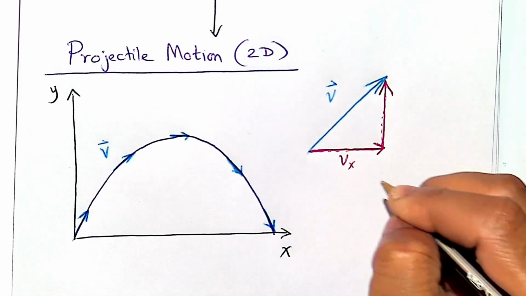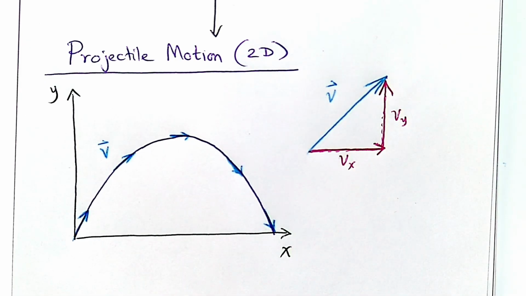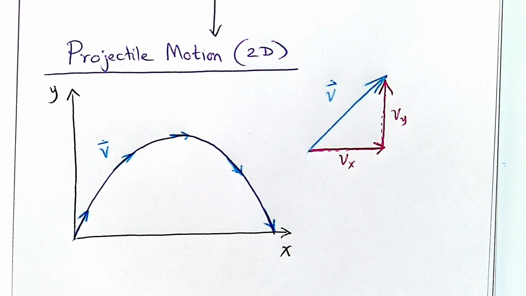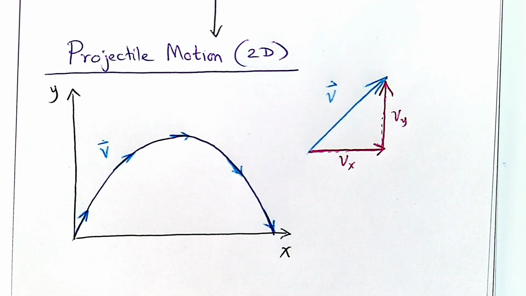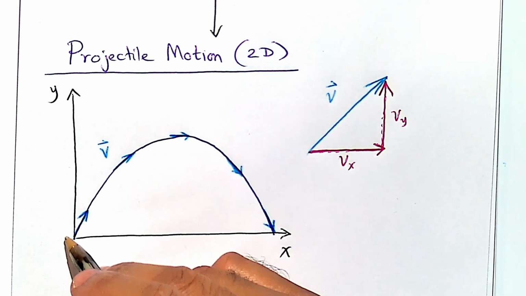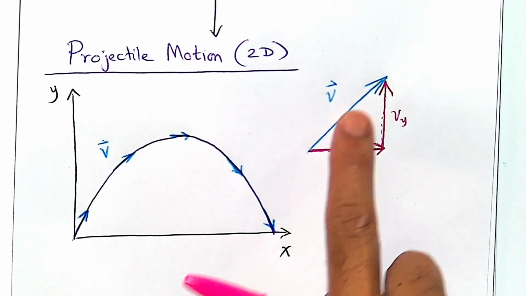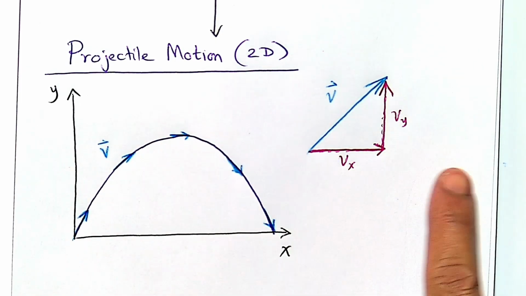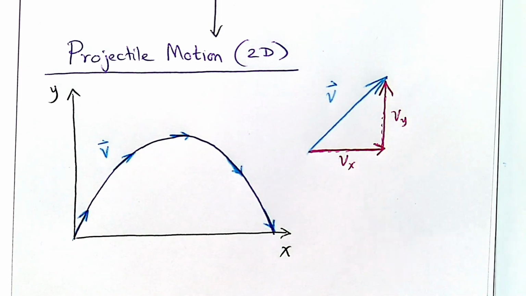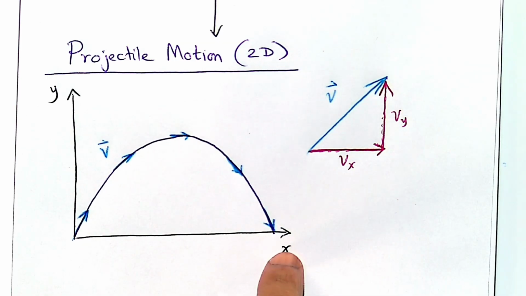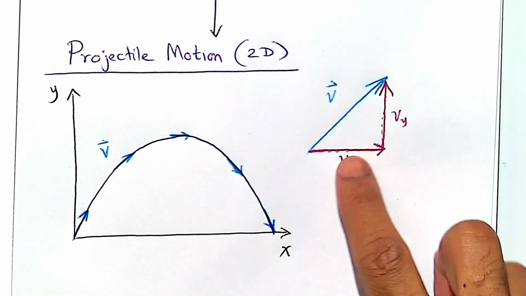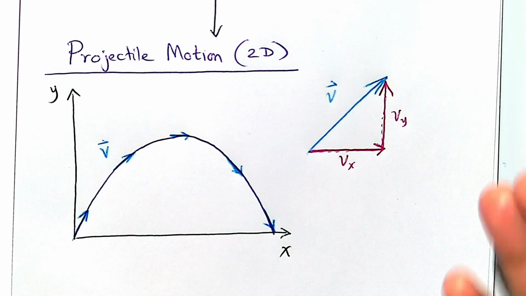There's a vx and a vy. This is where your trig comes into play. We looked at how calculus is useful when we're talking about kinematics. Now we're talking about projectile motion. Now you're seeing where trigonometry is very useful. This vector, anywhere along the path, has this blue arrow, the vector, but at any point you can break this out into x and y components. They're not always going to be the same. As the velocity changes, these components will change too. We'll have to think about that.